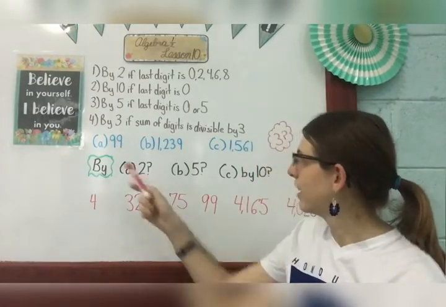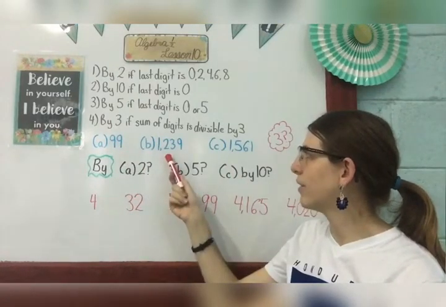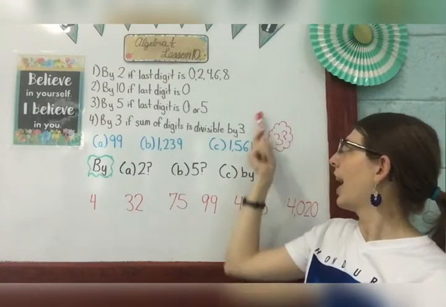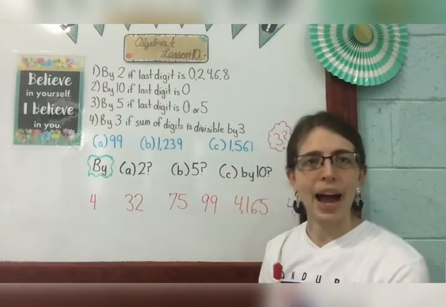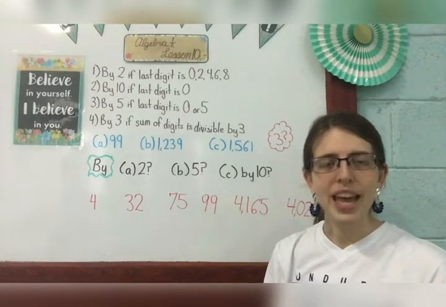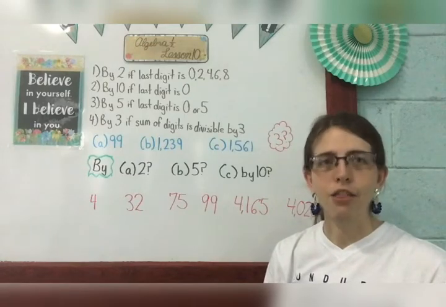Okay, look at these 3 numbers. 99, 1,239, 1,561. I want to know if they're divisible by 3. So remember our rule, it's divisible by 3 if the sum of the digits is divisible by 3.